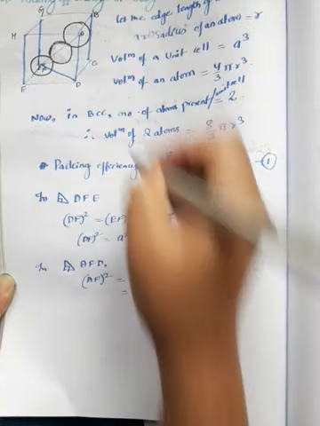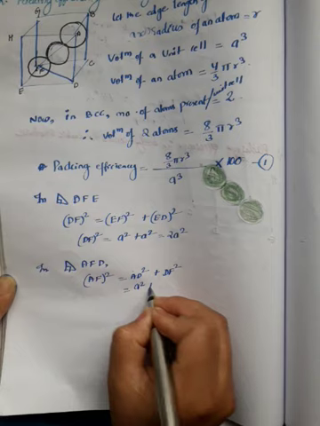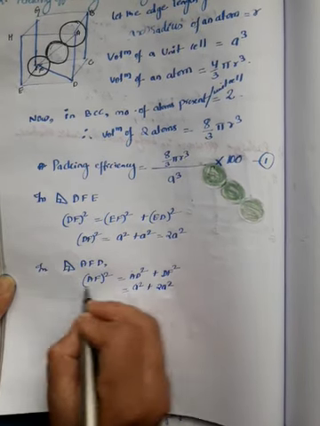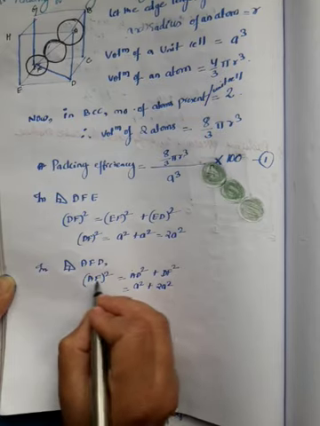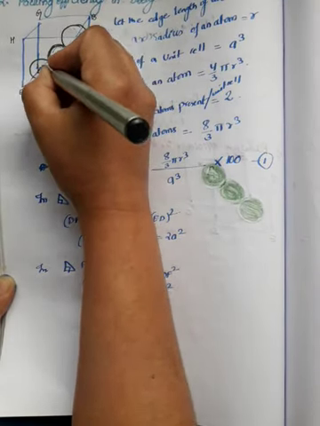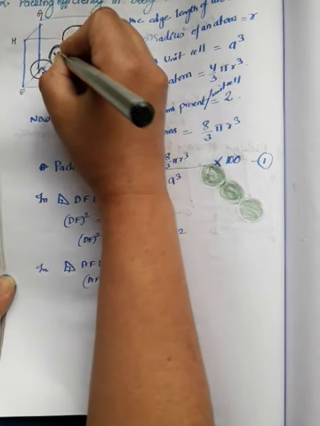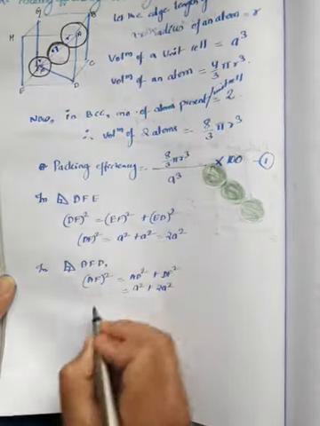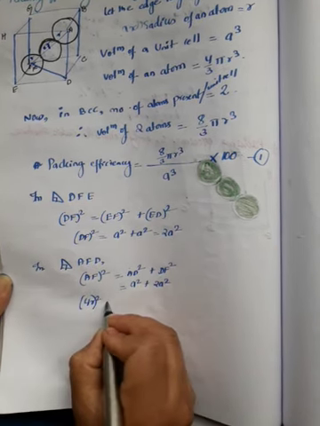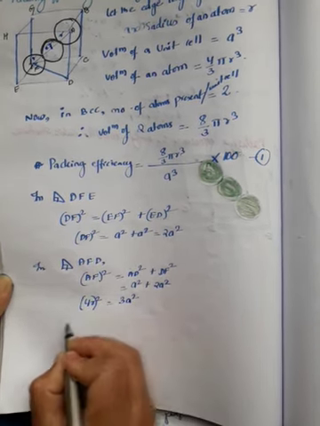This is a length. So a square plus DF square, which we just got as 2a square. And what is AF in terms of r? Here it is half sphere, full sphere, half sphere, so this is r, 2r, r again. AF is 4r, so (4r) square equals 3a square.